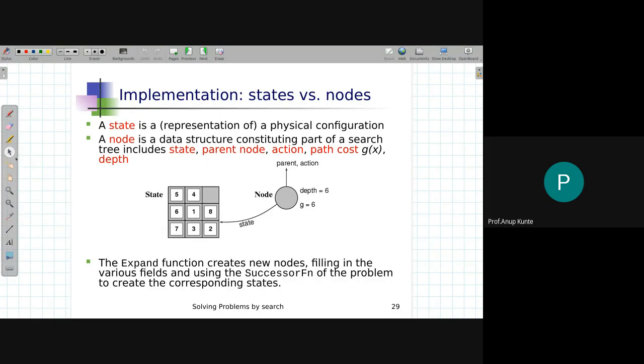We are talking about a data structure called node. This node data structure has state as one component, but besides state, it stores more information. It tells you how deep this node is in the search tree. It tells you what is the path cost to reach this node from the initial node.